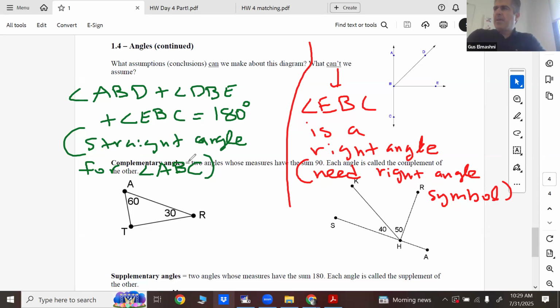So I think that's good enough. I mean, I gave one assumption we can make and one assumption we can't make. Because I think it's common, because someone said it. Like, oh, it's a right angle, but it's not because we don't see the symbol. But definitely you can assume that all three of those add up to 180. So hopefully that makes sense.